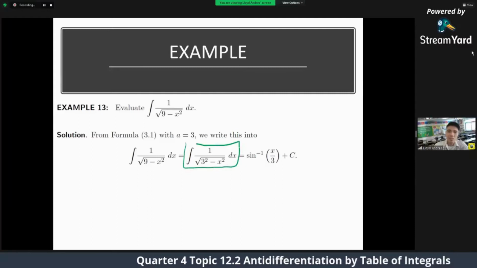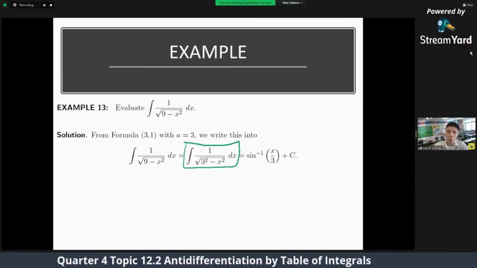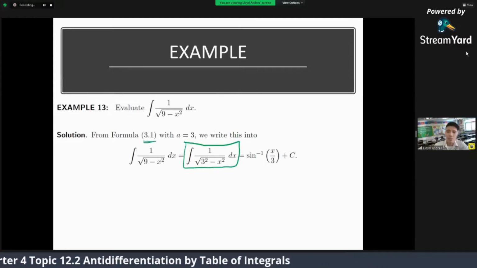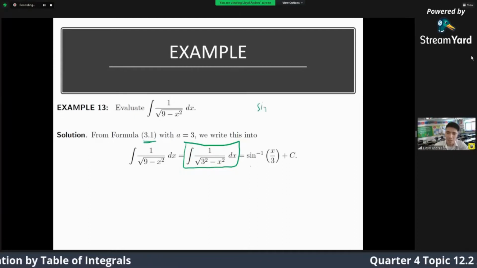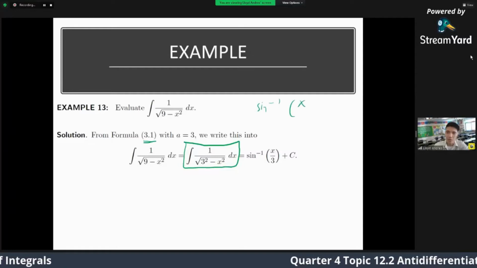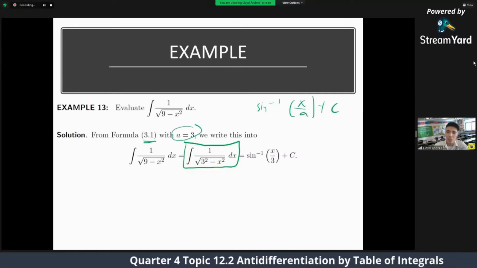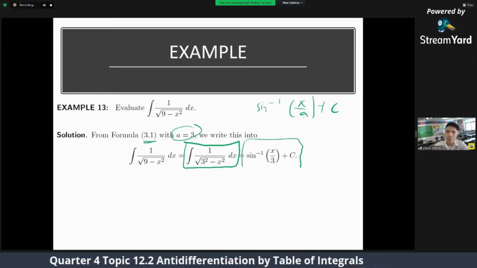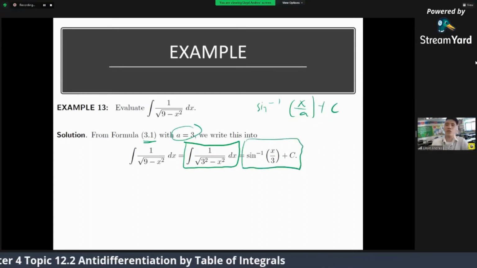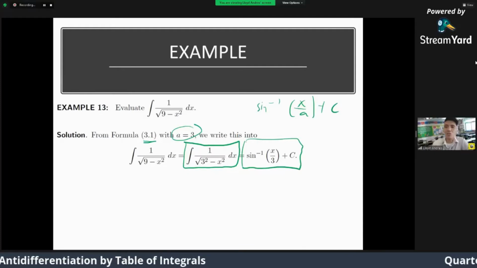And since it follows 3.1 na pattern, so ang atong answer is in the form inverse sine of x over a plus c. So kabalo naman ta nga a nato is 3, so mao ni ang final answer. Inverse sine of x over 3 plus c. So ingon ka simple.